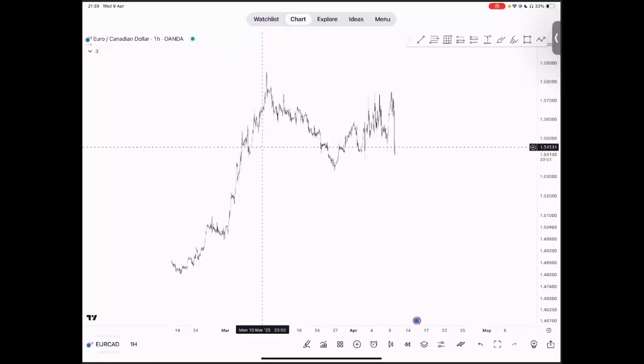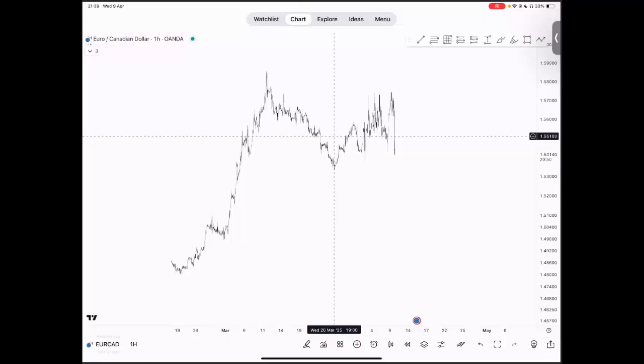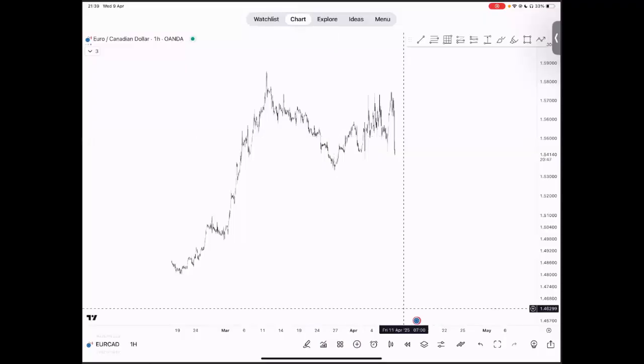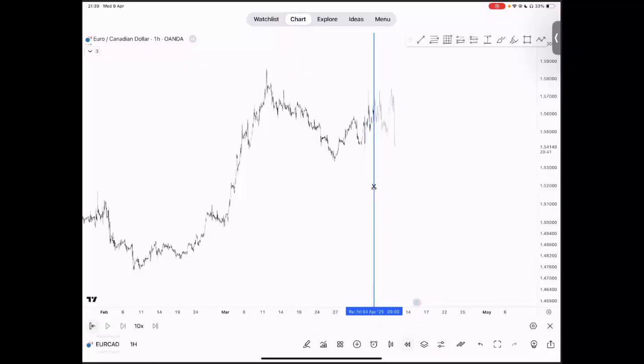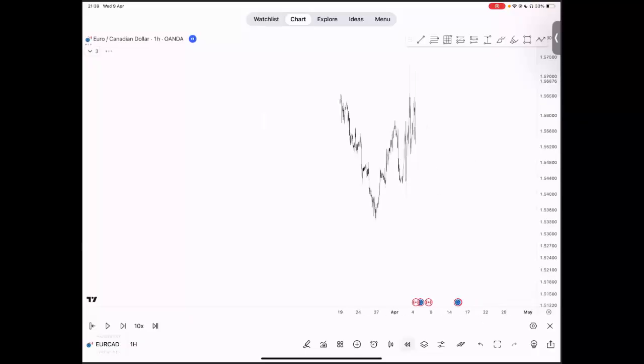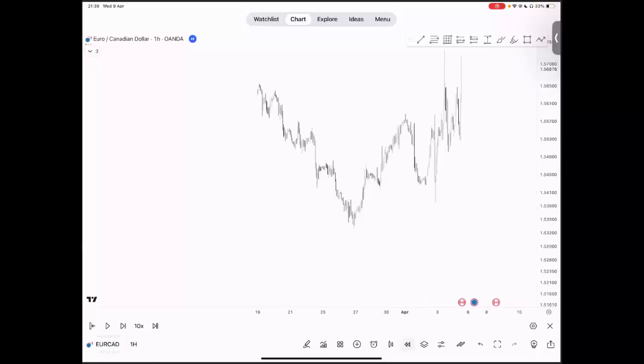Now, if you look at this particular case here, let me show you this price action from when it was made, right up until this point. We had price moving in a series of highs and lows.